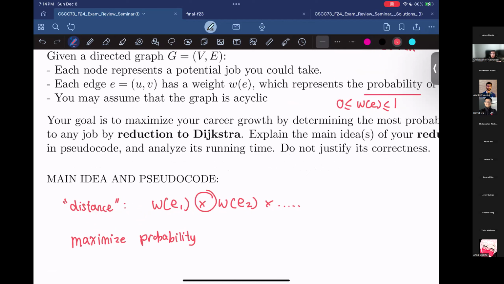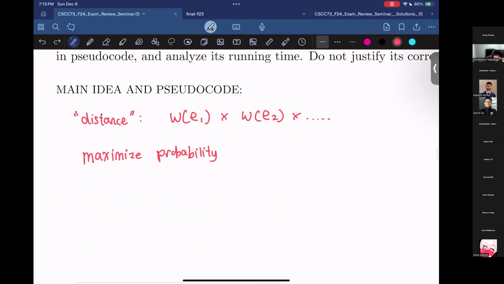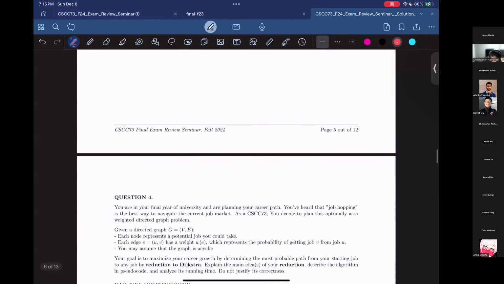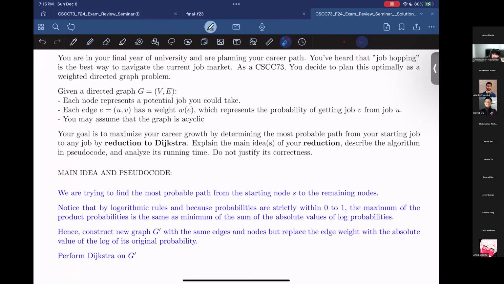We can make use of the property of log. Notice that by logarithmic rules, and because probabilities are strictly within 0 to 1, the maximum of the product of probabilities is the same as the minimum of the sum of the absolute value of log probabilities.